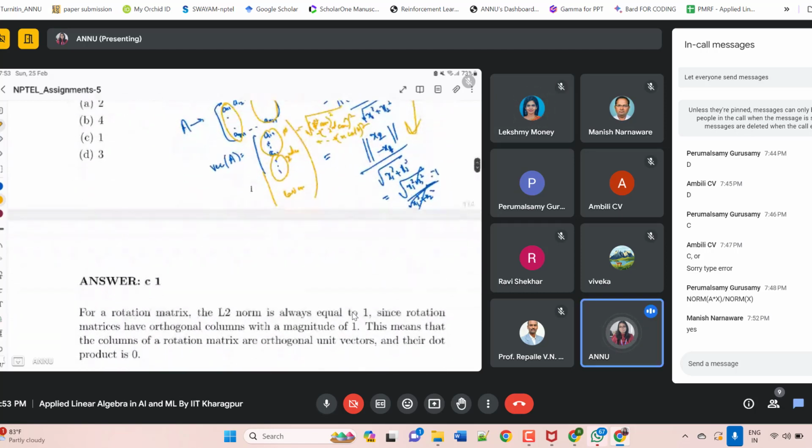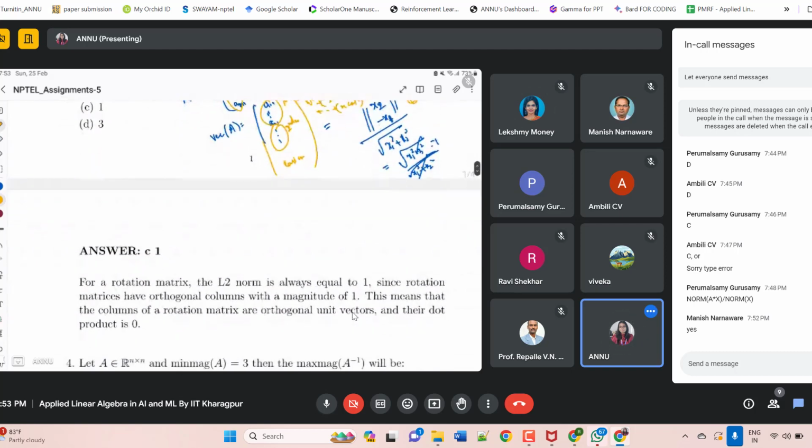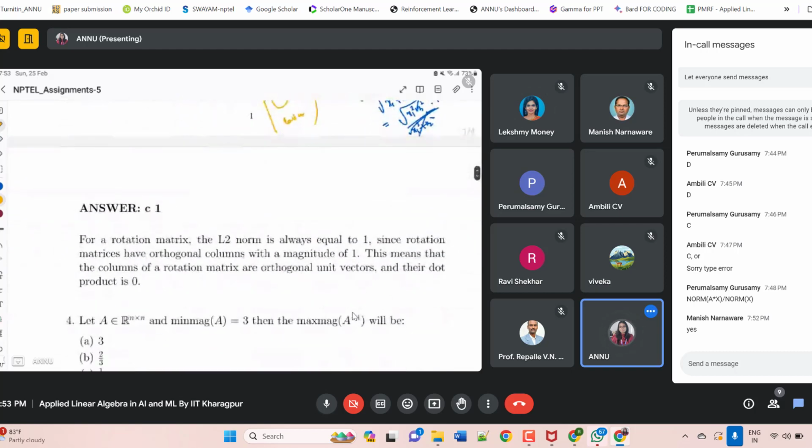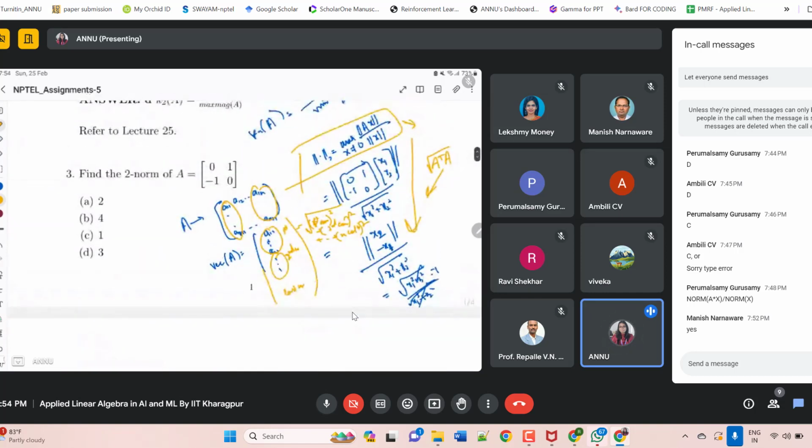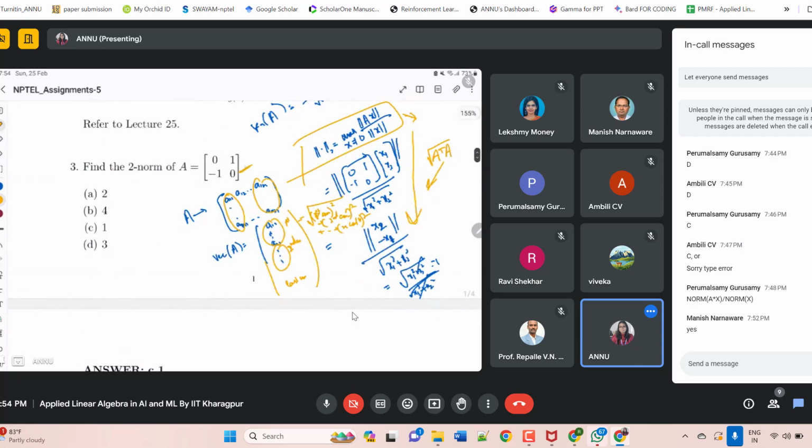So, moving to the next question. The answer is also there. For a rotation matrix, the L2 norm is always equal to 1. Since the matrix has orthogonal columns, this is telling that this is a rotation matrix. Viveka, you were also telling that this is a rotation matrix. My intuition is this is a rotation matrix. How is it a rotation matrix? Because it is rotating.